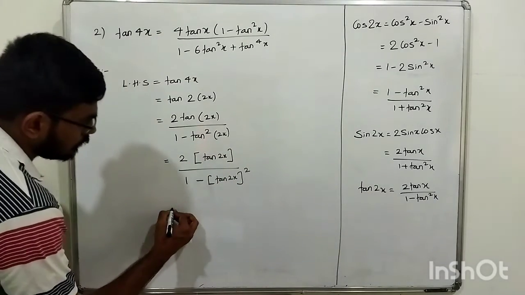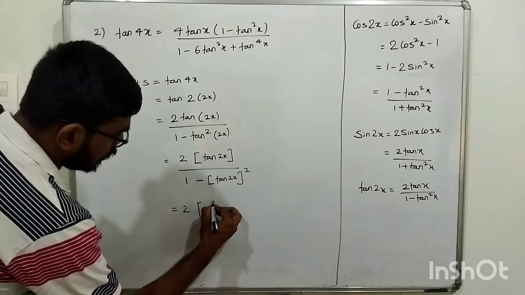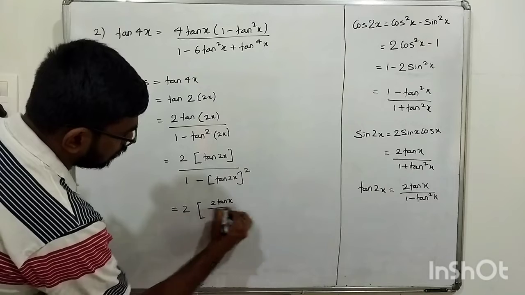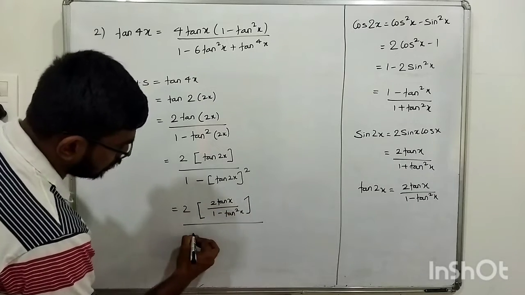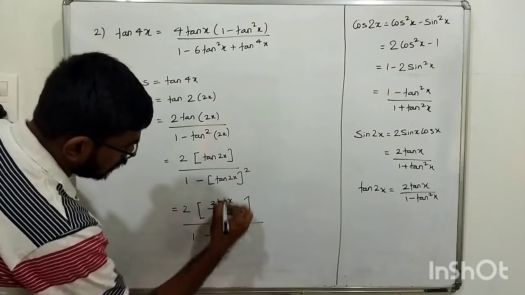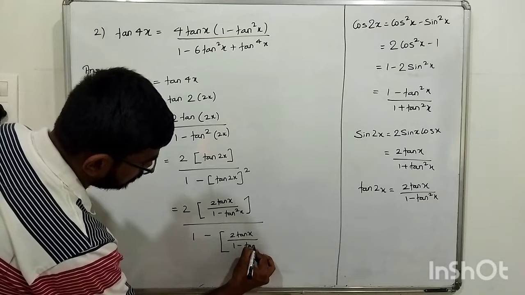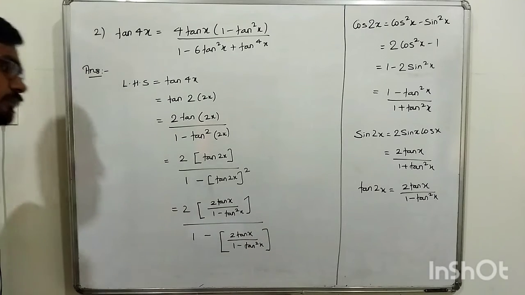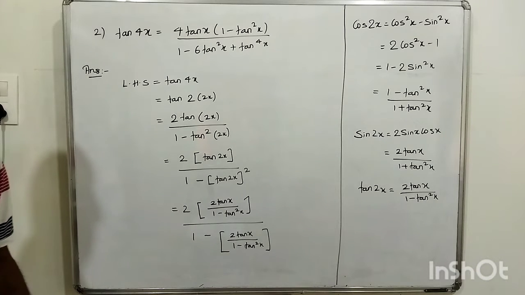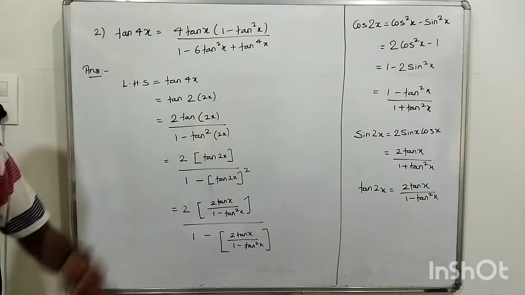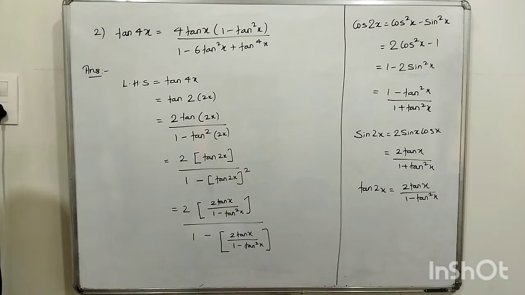So what do we get? 2 tan 2x is again 2 tan x upon 1 minus tan square x, and in the denominator, 1 minus tan 2x is 2 tan x upon 1 minus tan square x. Now we can simplify this, just simplify till you get this answer. So how do we simplify this?